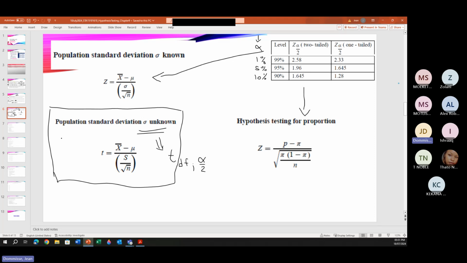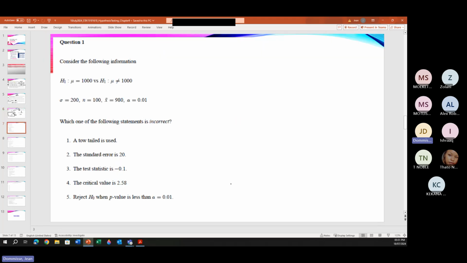Okay, so let's do a few examples. Normally how I look at it, and there are some really basic writing errors in this one, so that must be H0. You can see the null hypothesis is equal, and the alternative hypothesis is not equal.